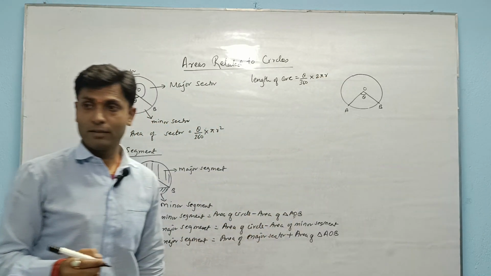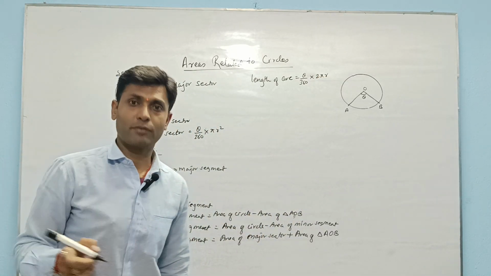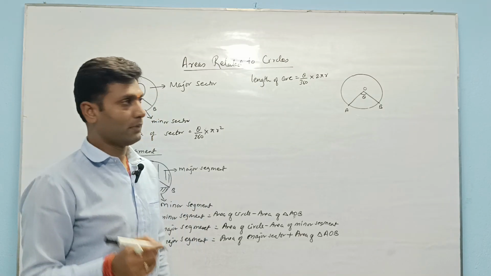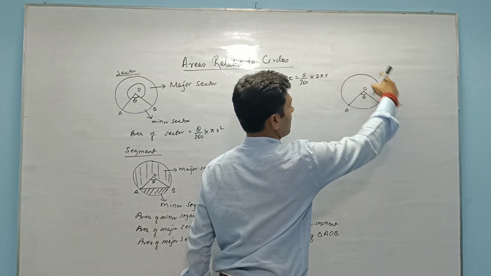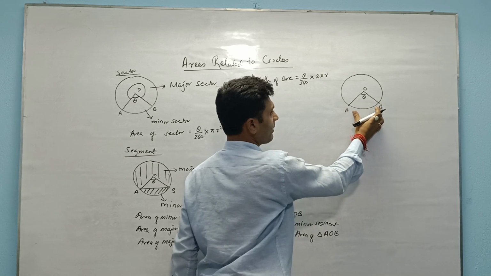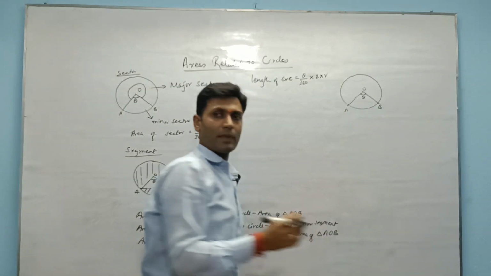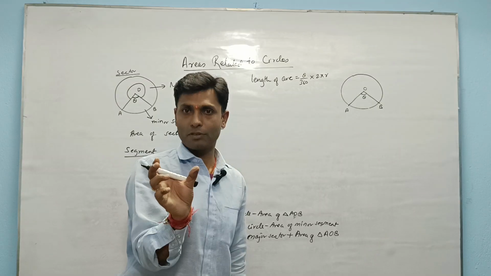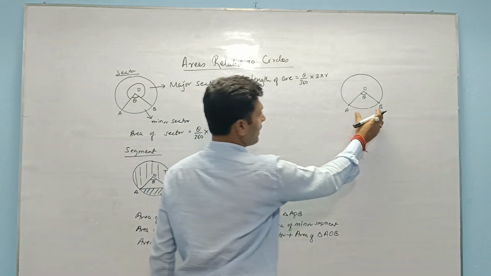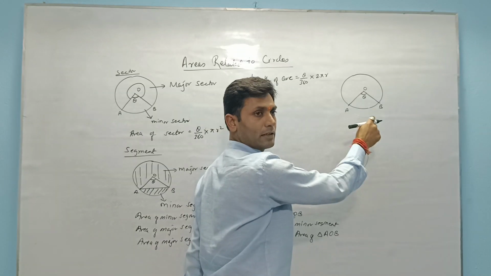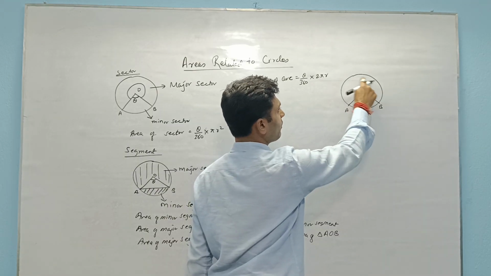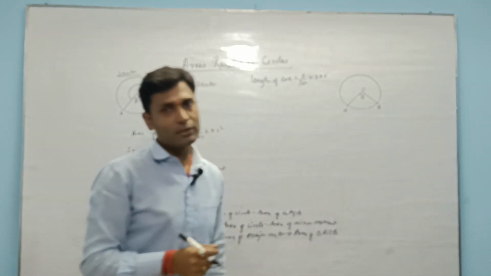What is 2 pi r? Circumference of the circle. And out of the entire circumference of the circle, we are just calculating the length of AB, which is a part of the circumference. And this AB is making theta at the center. This theta is out of how much angle? Altogether 360.